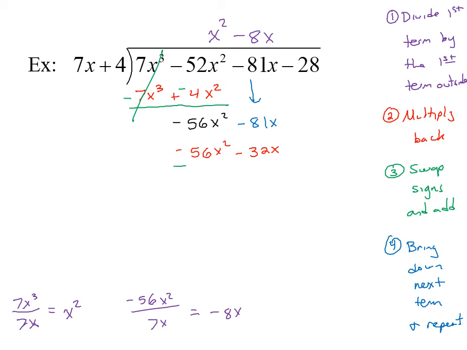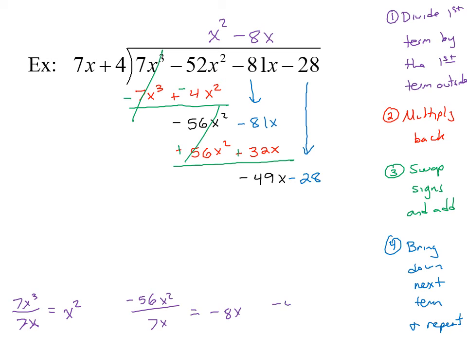Third step, we're going to add them together after we swap the signs. So we're going to make them both positive so that the first term's canceled. And negative 81 plus 32 gives me negative 49x. Then we will bring down the next term and repeat the process again.